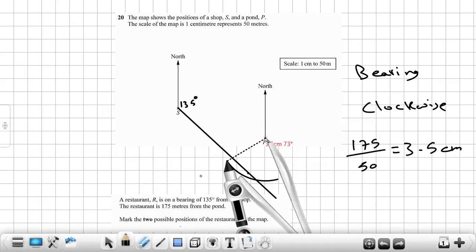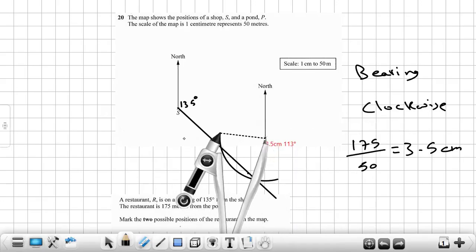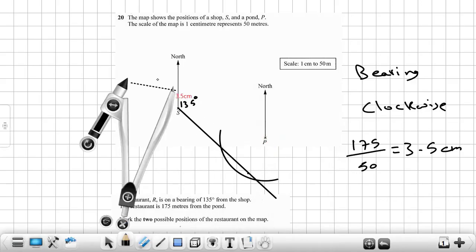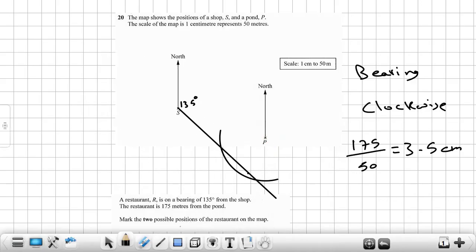So these are the two possible locations. The two possible locations for the restaurant are this and this.